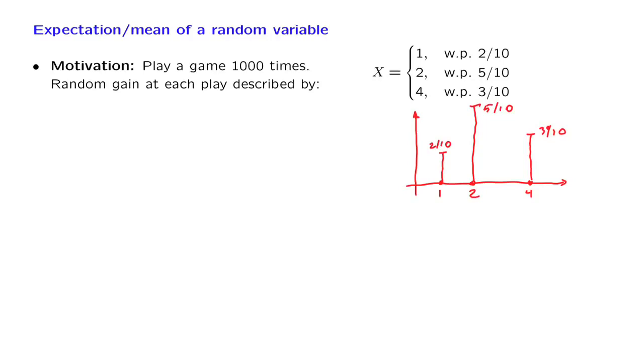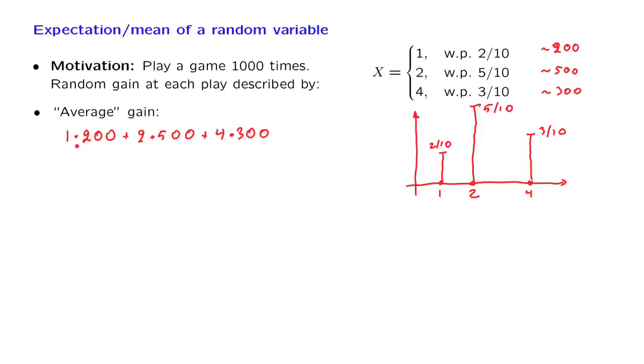Well, if you interpret probabilities as frequencies, in 1,000 plays, you expect to have about 200 times this outcome to occur, and this outcome about 500 times, and this outcome about 300 times. So your average gain is expected to be your total gain, which is 1 times 200 plus 2 times 500 plus 4 times 300.